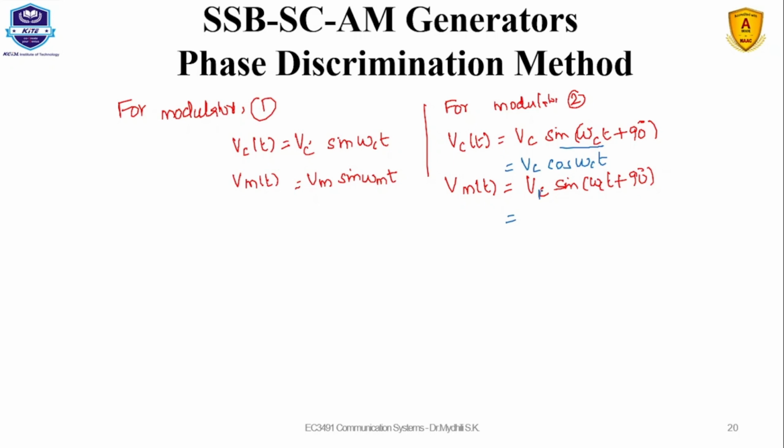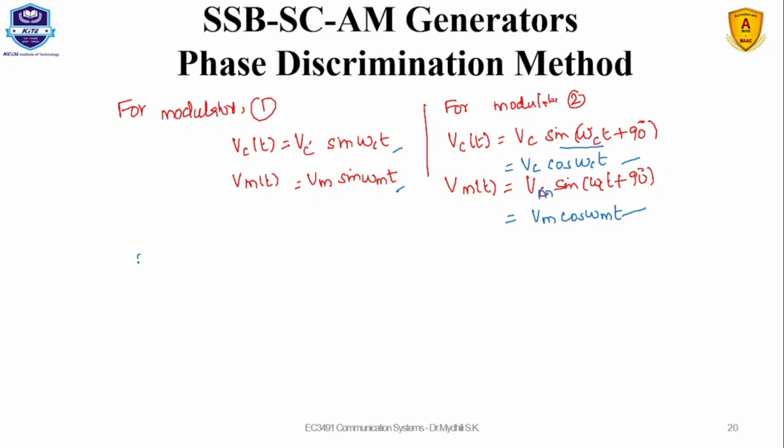It is Vm cos omega mt. So for the second case we are considering the message as Vm cos omega mt and the carrier as Vc cos omega ct, whereas in the first case it is sine and sine only, because with respect to phase shift it is converted into a cosine signal.